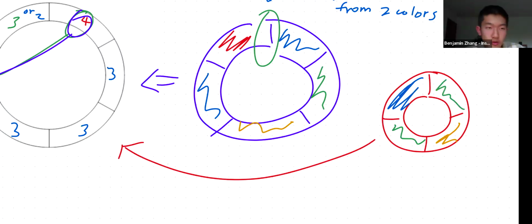Then we can also form it into a 6 ring by considering what happens if we essentially, let me see if I can model this easily. Oh, I can't. Okay.